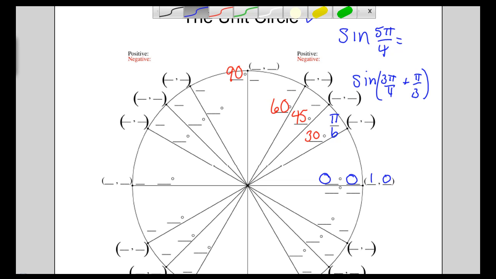And if we continue moving up the ladder, so to speak, 45 is pi over 4, and 60 degrees is pi over 3. 90 degrees is pi divided by 2. So these become somewhat standard, and we start to recognize these.